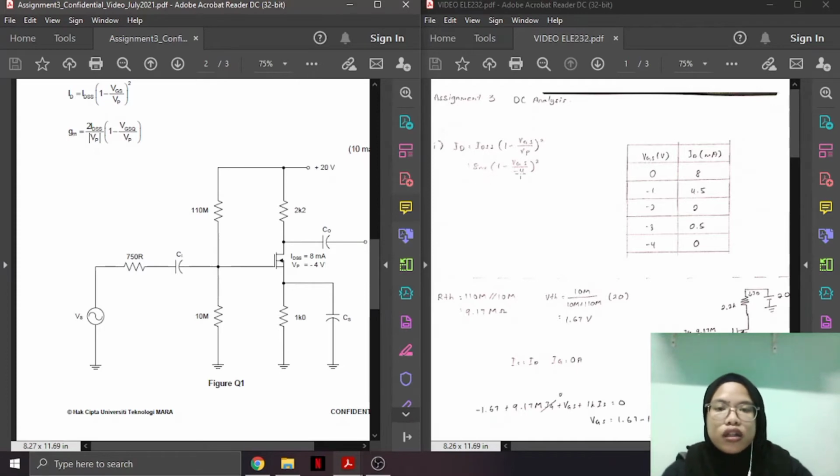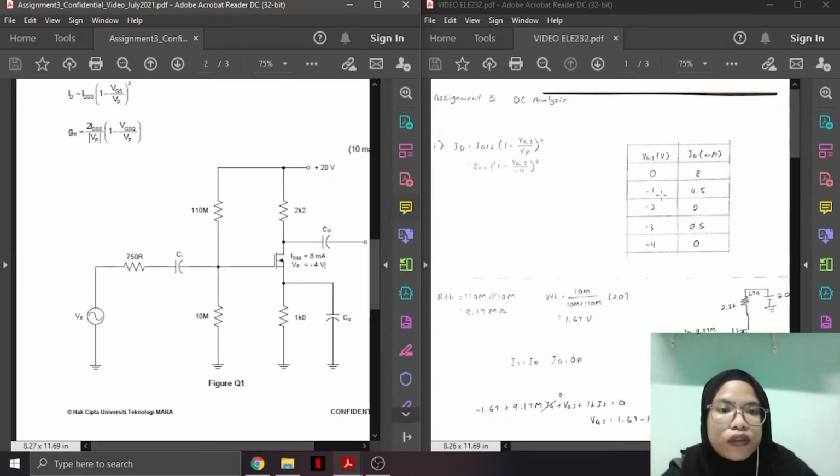So from here, we need to construct a table to find the value of ID. For the ID, we get the value in milliampere. I use this formula to find the value for ID, and as you can see on the screen, this is the value of ID that I get. When the value of VGS is 0, the ID is 8 milli.